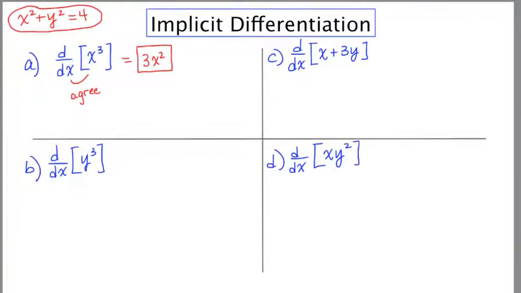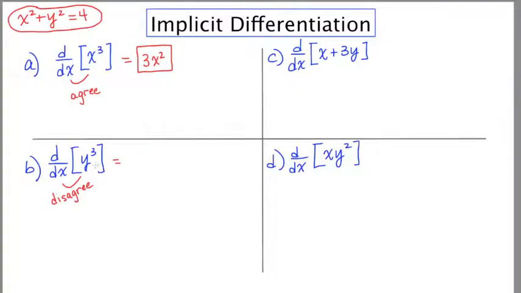When we go to example B, however, these variables disagree. And if they disagree, that's sort of a trigger that you're going to need to use implicit differentiation. Always bear in mind that we're taking the derivative with respect to this variable on the bottom, and in this case it's x. So we're taking the derivative with respect to x of the expression y cubed.